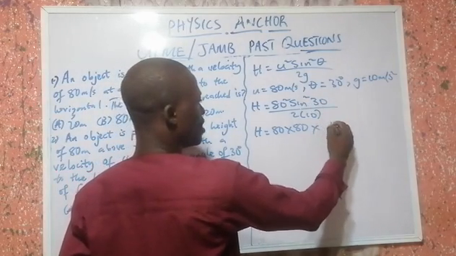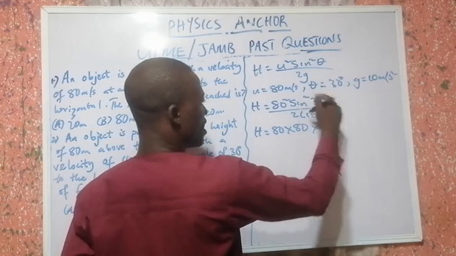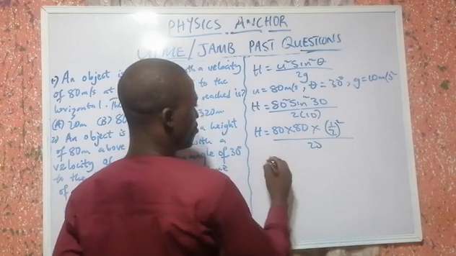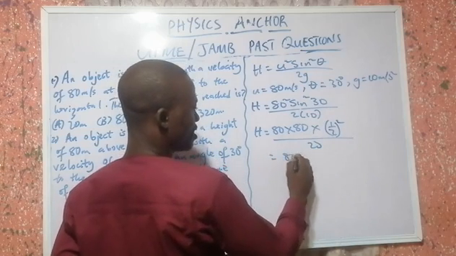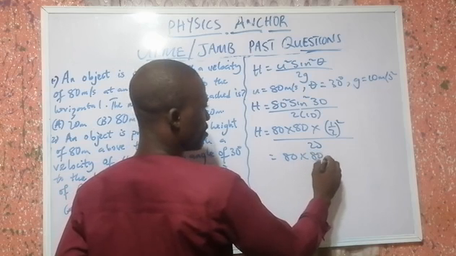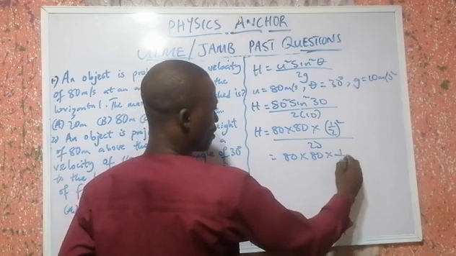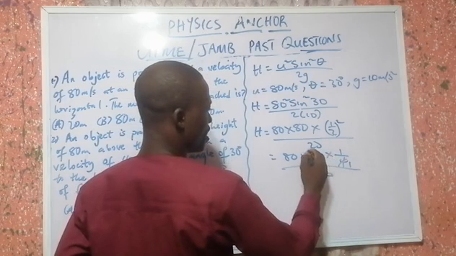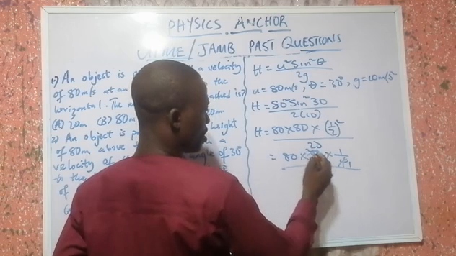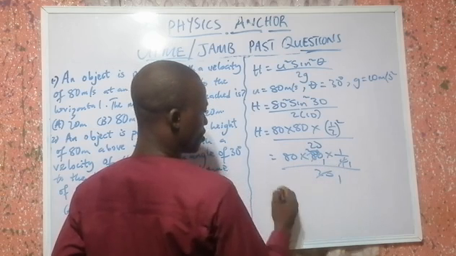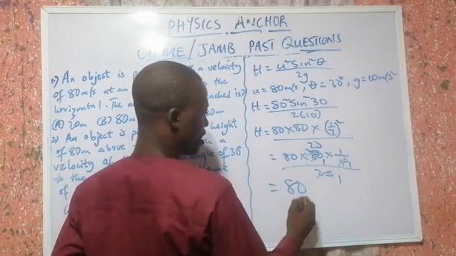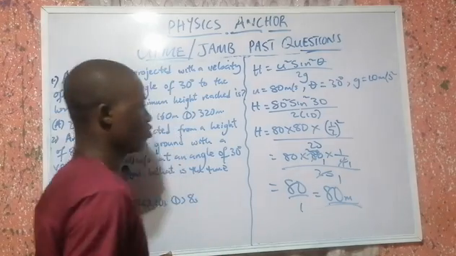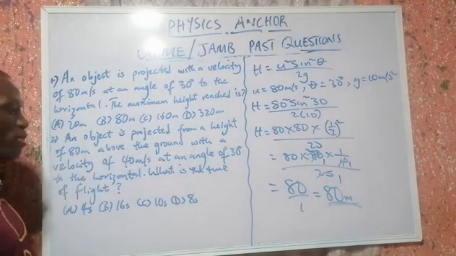Sine 30 gives me a half, and squared gives one over four, and 2 times 10 will be 20. That's 80 times 80 times 1 over 4 divided by 20. The 4 cancels with 20 to give 5, and the 20 cancels, so what remains is 80 over 1, and that will be 80 meters. So my maximum height will be 80 meters.